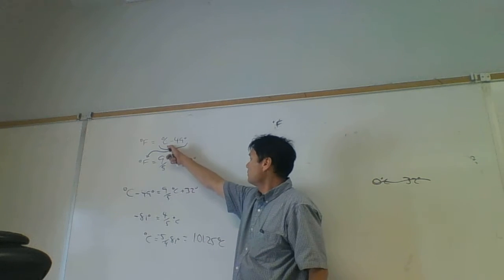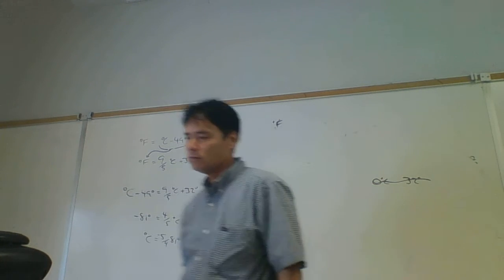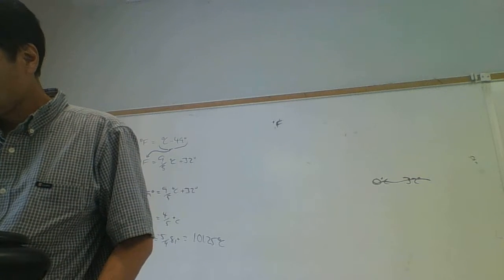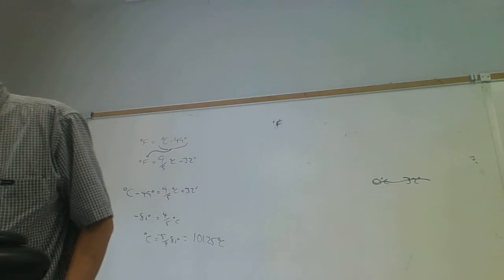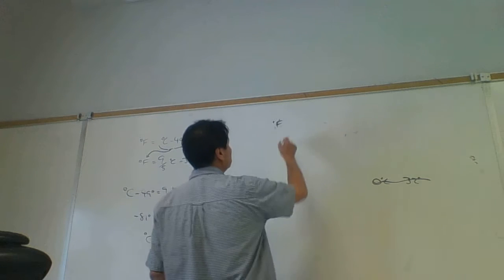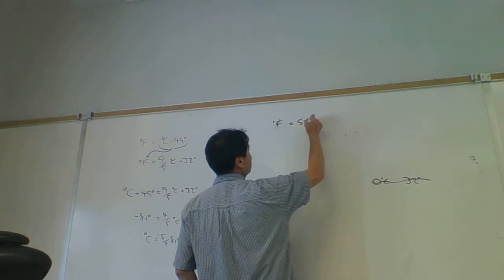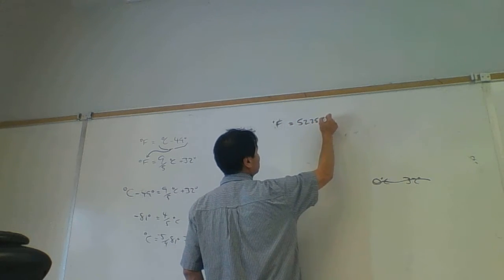So the Fahrenheit should be 49 less. So 101.25 minus 49 is 52.25. So the degrees Fahrenheit should be 52.25 degrees.